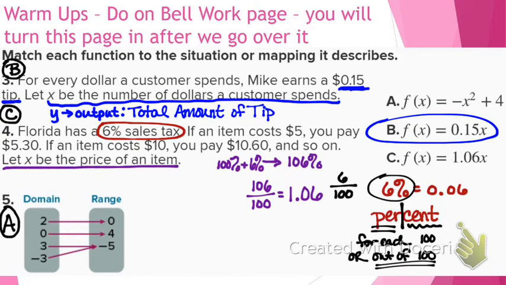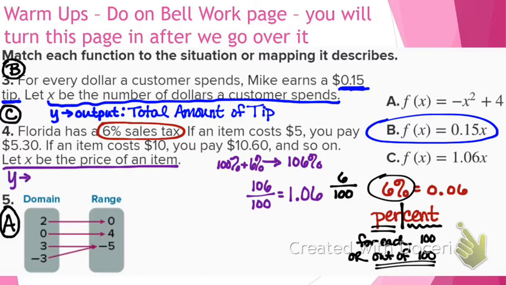When you're in the store and you're buying something and you pick it up off the shelf, do you usually know how much the price of the item is? Yeah. It's either on the shelf or there will be a sticker on there or a tag that tells you the price of the item. What do you not know when you're walking around the store picking up stuff and adding it to your cart? The total. This is going to tell you the total at checkout.